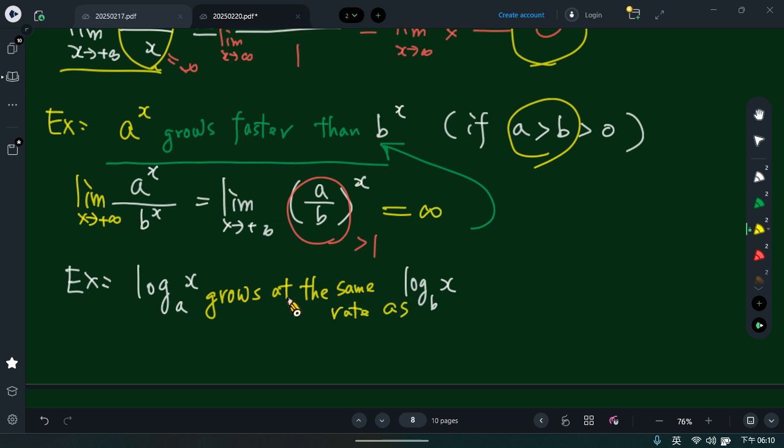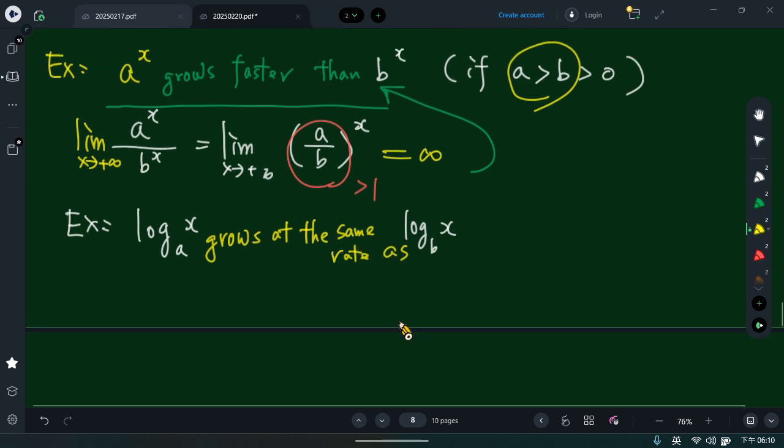You can see a to the power x grows faster than b to the power x, and both of them are general exponential functions. But these two are general logarithmic functions, and actually they grow at the same rate.